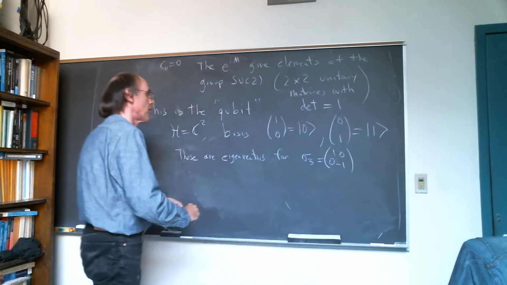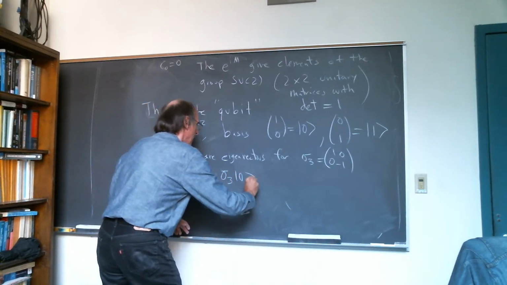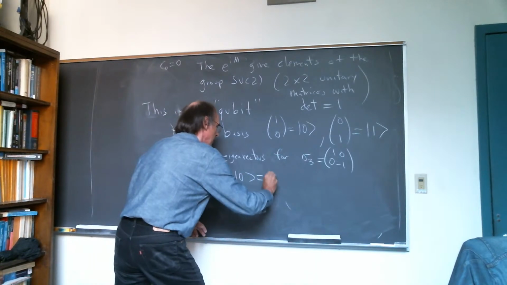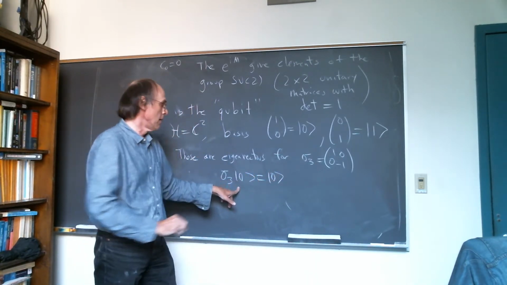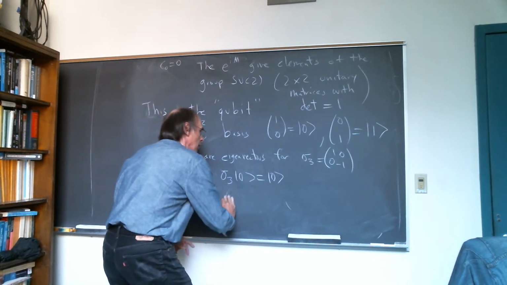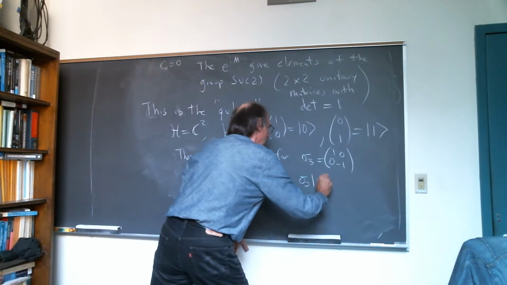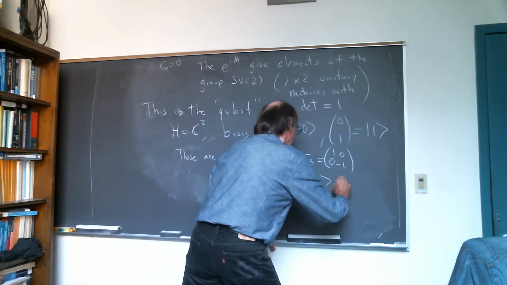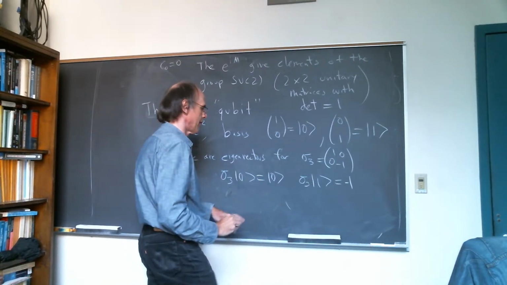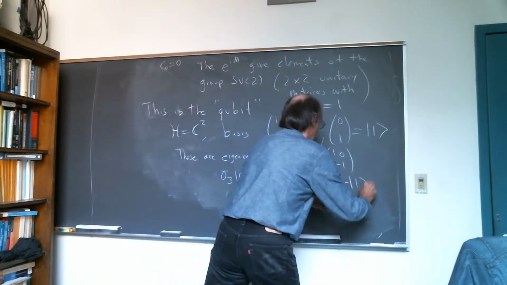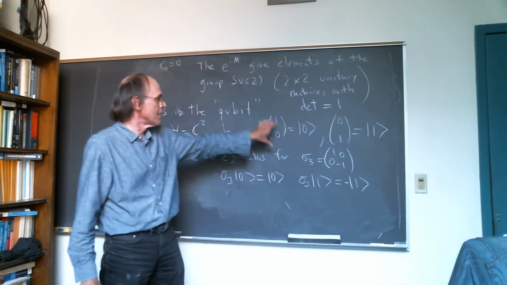So you have sigma 3 applied to 0 is equal to 0. So it's an eigenvector with eigenvalue 1, and sigma 3 applied to 1 equal to minus. I'm wondering if I've actually done this right. I may have the convention completely backwards.